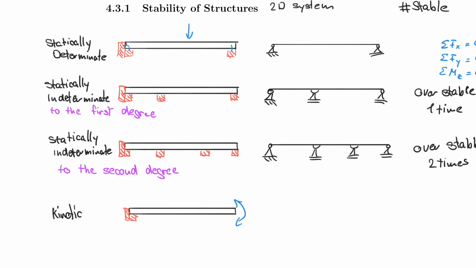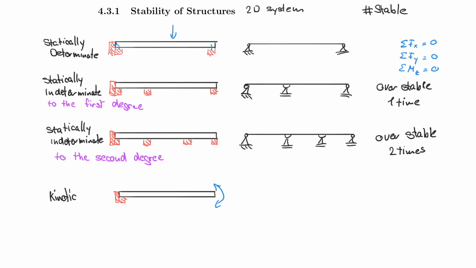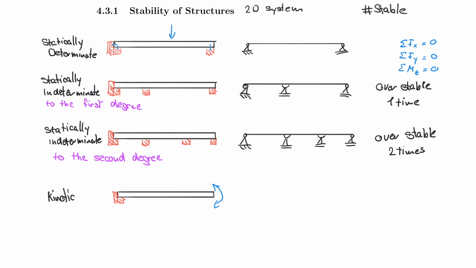So in other words, you count the overstability and you make sure that you have this condition taken care of first, or these three conditions are taken care of, and then everything in addition to that is an overstability. And engineers don't call that overstability, they call that static indeterminacy.